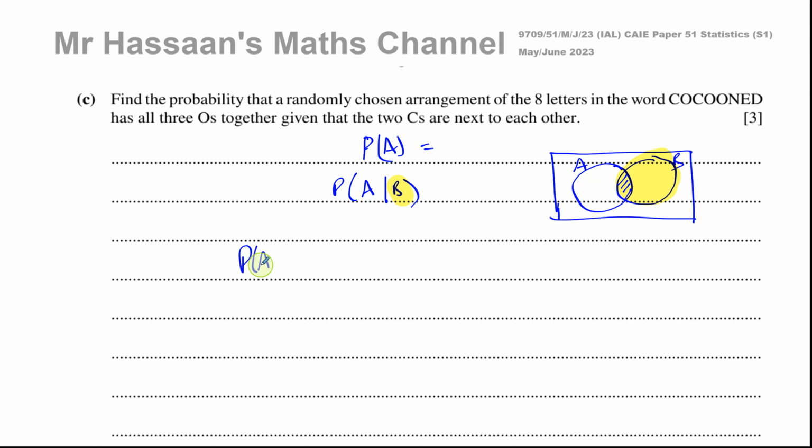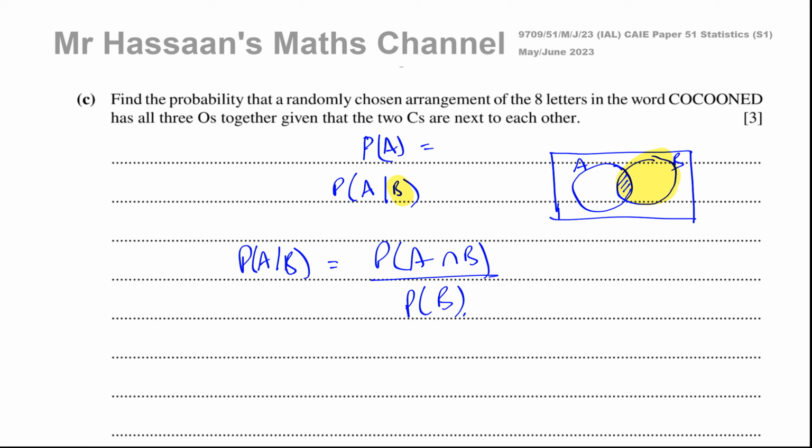So basically the probability of A given B is the probability of A intersection B over the probability of B. This is called conditional probability.